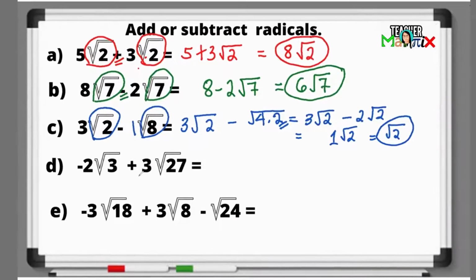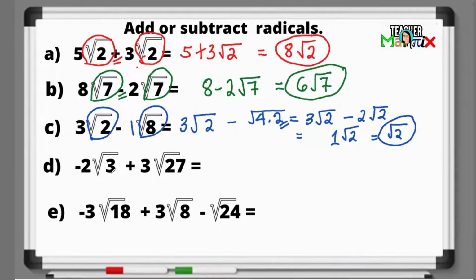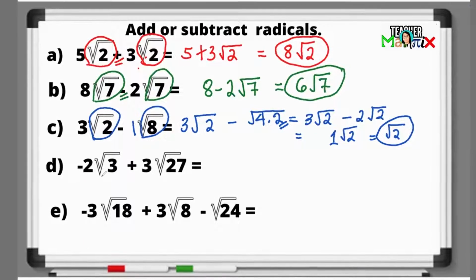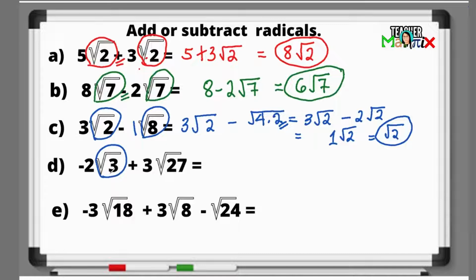For the fourth problem in letter D, we have different radicands again. We have square root of 3 and square root of 27. Now, since square root of 3 is a prime number and there are no other factors except 1 and itself, just simply copy negative 2 square root of 3.